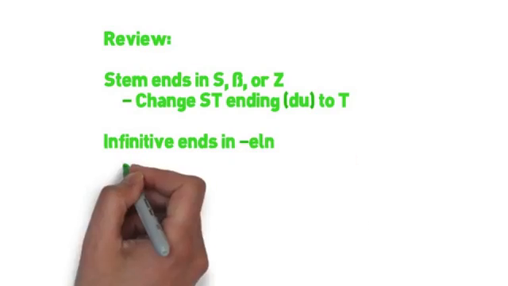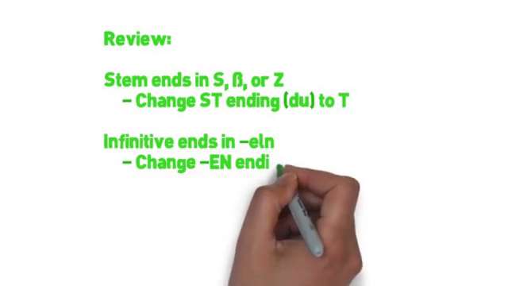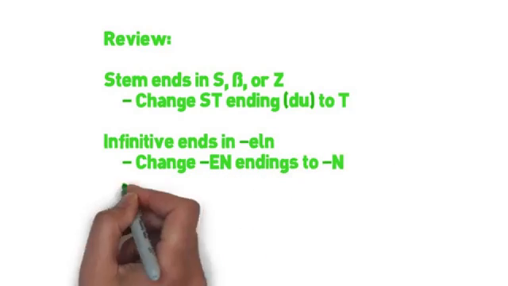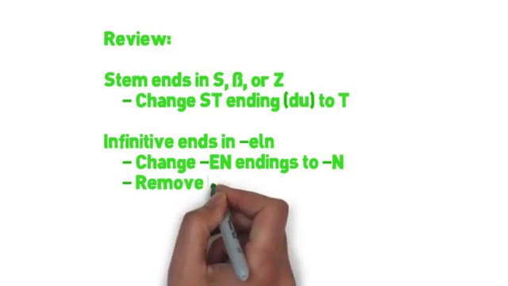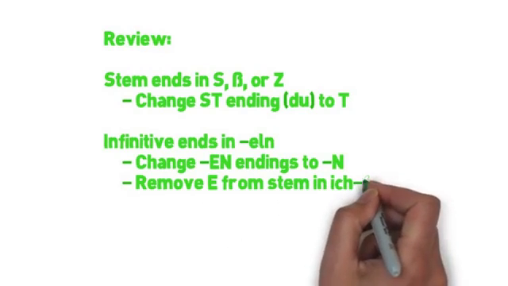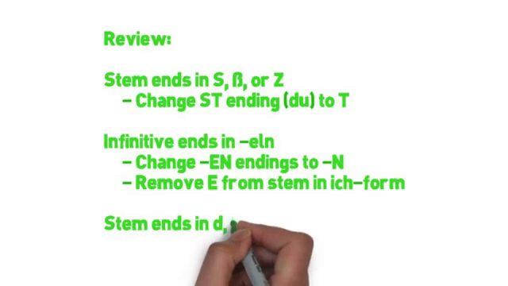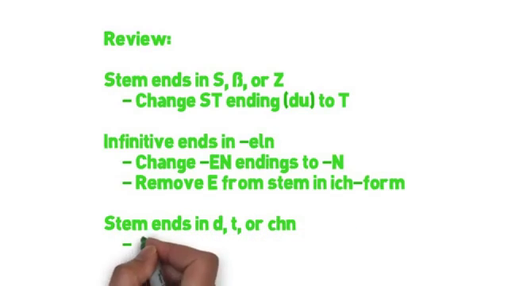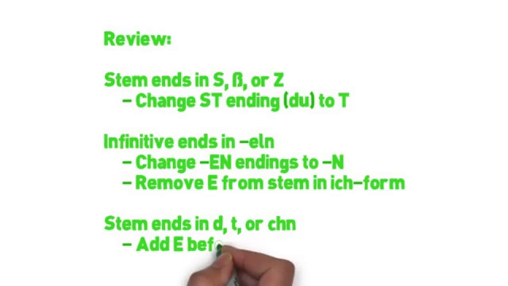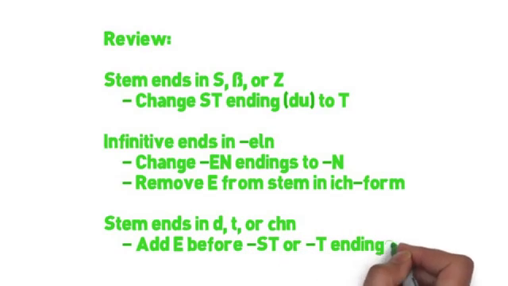When verbs end in eln, instead of adding an en where you normally would, you can only add an n, since you didn't remove an en from the infinitive form. And you also remove that e from the stem in the ich form, since you've got an e on the ending. Also, with stems that end in d or t or big consonant combinations like chn, you'll need to add an e between the stem and the endings st and t.